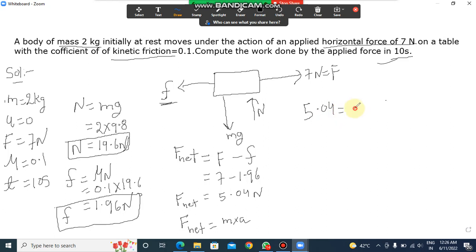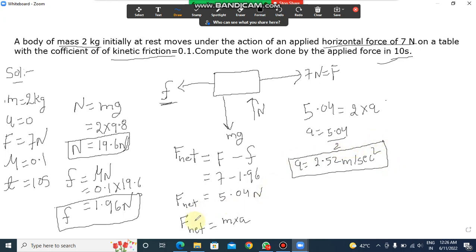We have the mass, which is 2, and we can calculate a from here. So a will be 5.04 by 2, which is 2.52 meter per second square. Okay, so we have calculated a. Just make a box again.